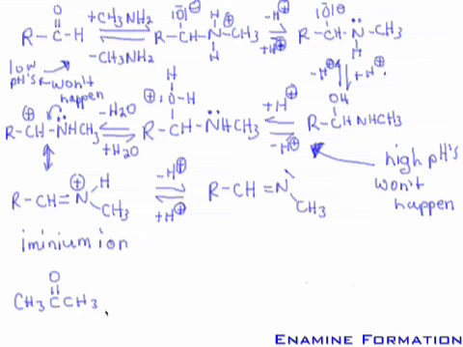Throw in a ketone. And instead of methylamine, let's use dimethylamine, a secondary amine. Again, we're going to keep our pH window of 4 to 5. Do we get an imine?